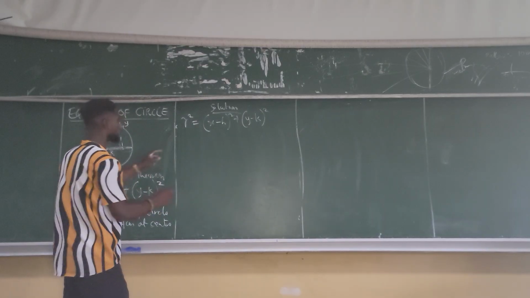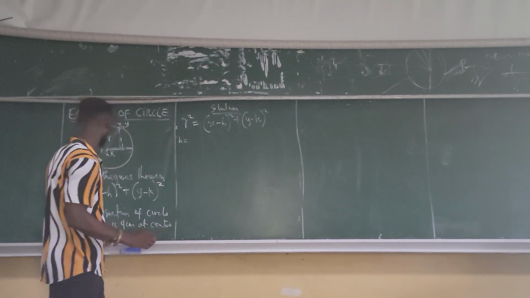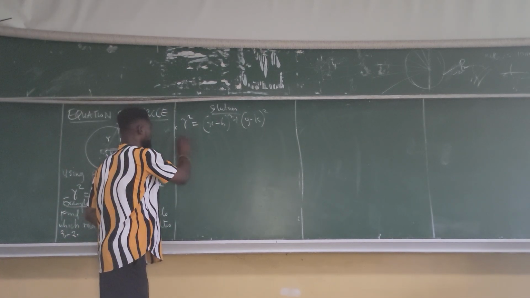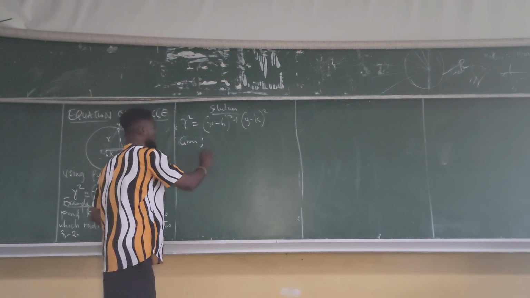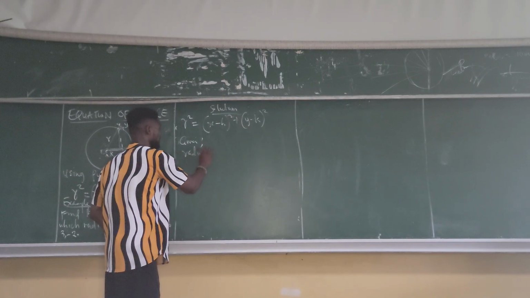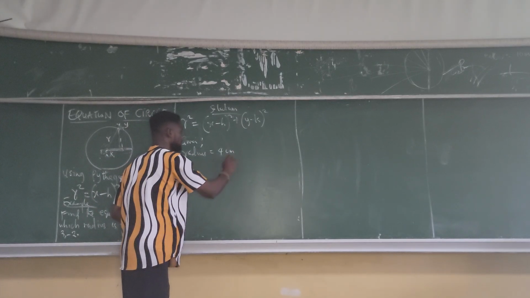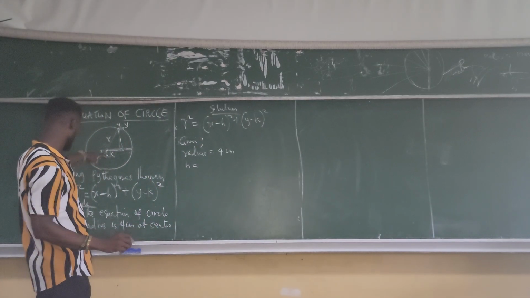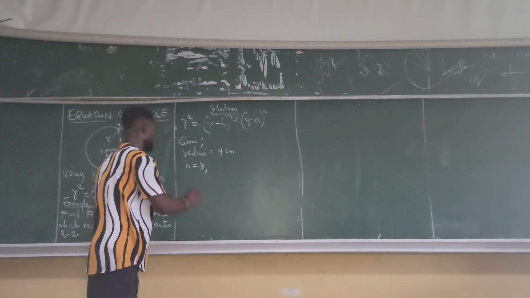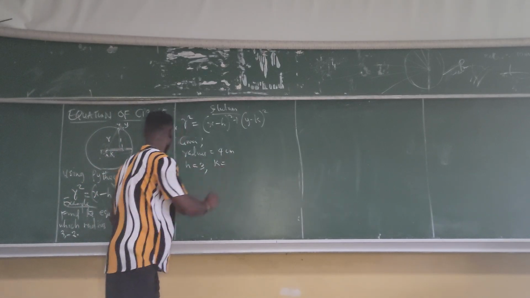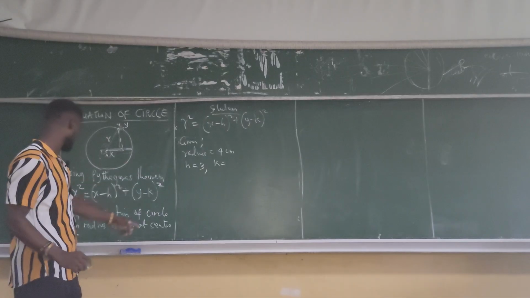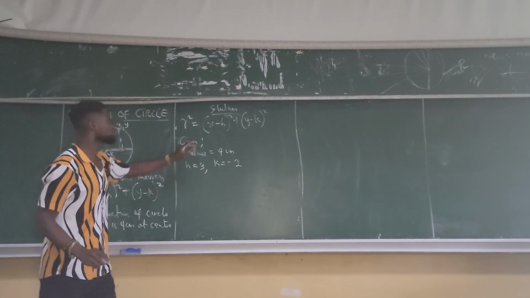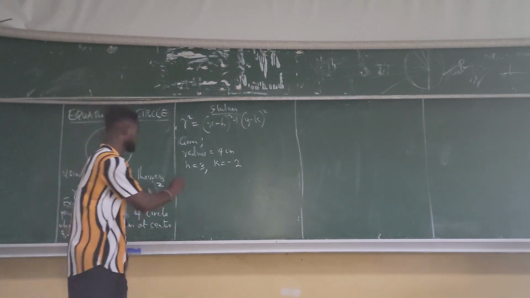Now we are given our h, our r, this radius, as 4 cm, and our h at the center is 3, and our k is given as minus 2.